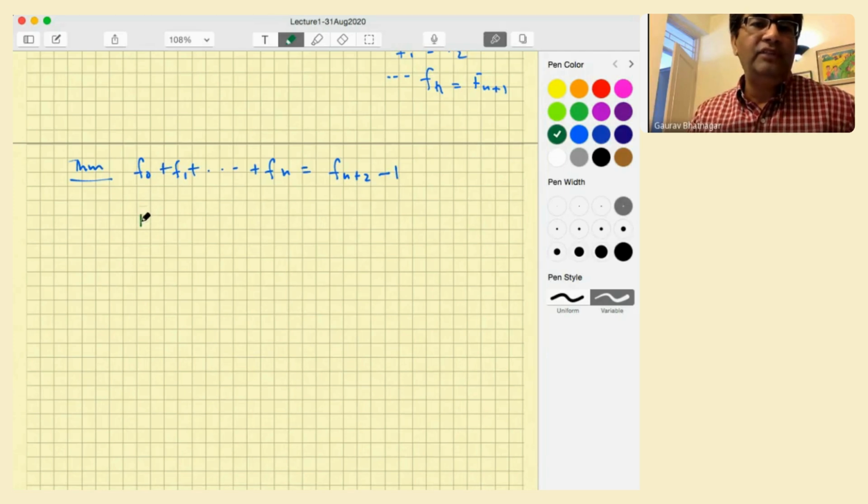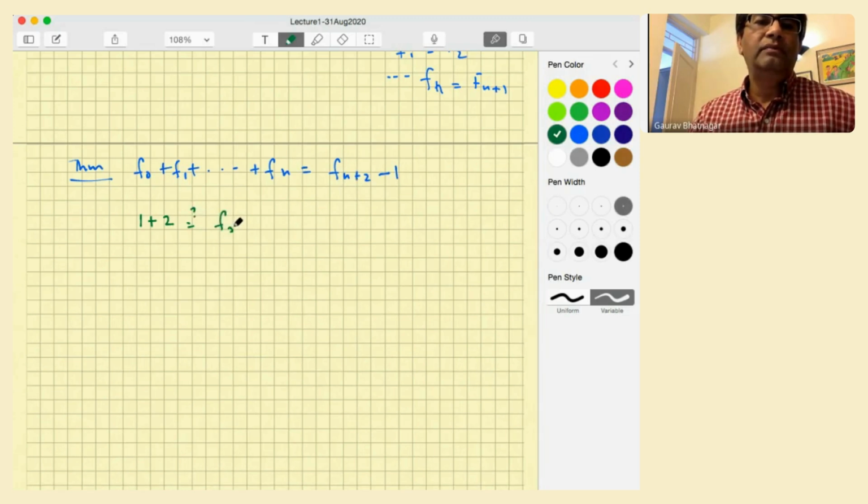So f0 plus f1 plus f2, for example, is equal to 3, and so n equal to 1. So it's f3 minus 1. Is it true? So F3 was 1, 1, 2, 3, and here we are taking n equal to 1.